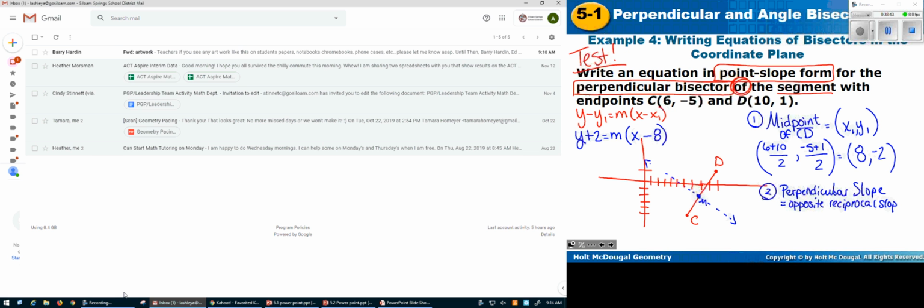Again, stuff we learned in chapter 3. Okay, so you need to find the slope of the line they've given you, and then you need the opposite reciprocal of it. So let's find the slope of CD. So what is the slope from C to D? You've got it on your graph. It's probably easy to just count the rise and count the run.